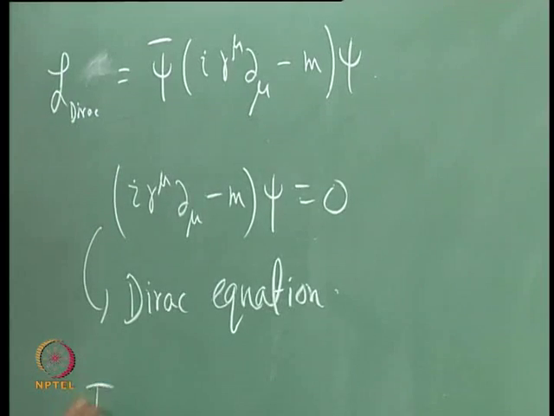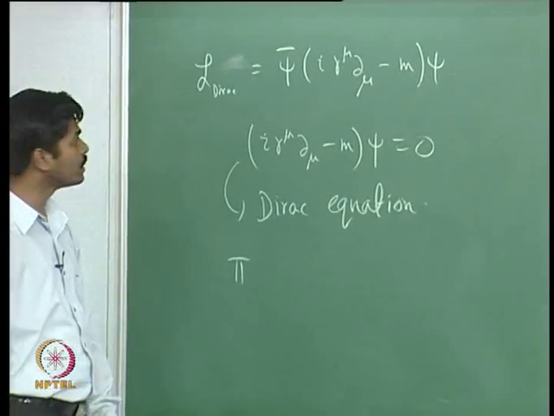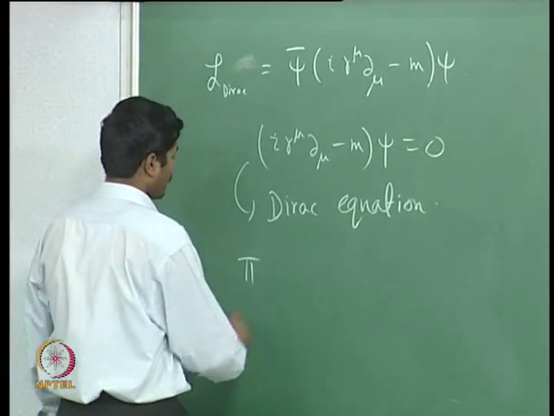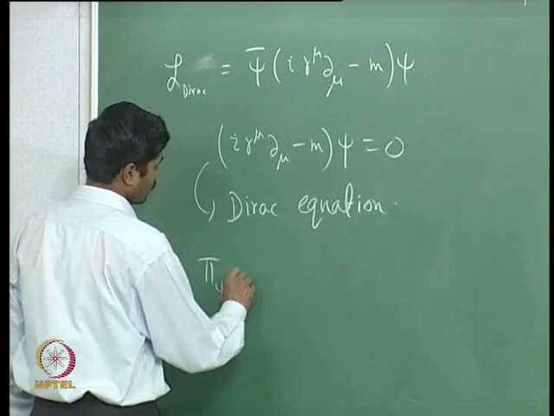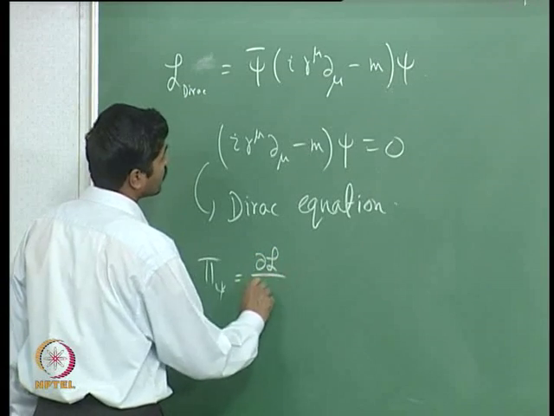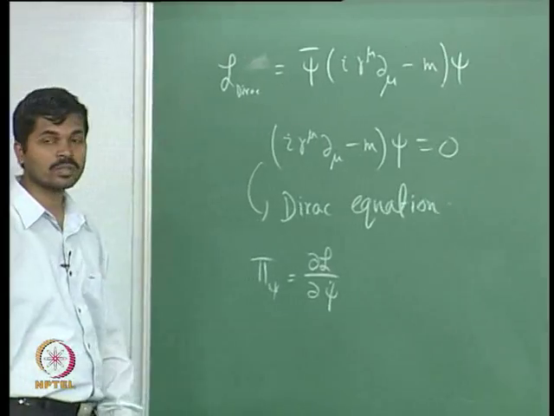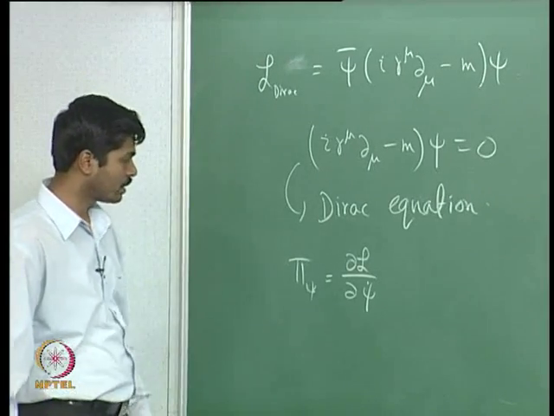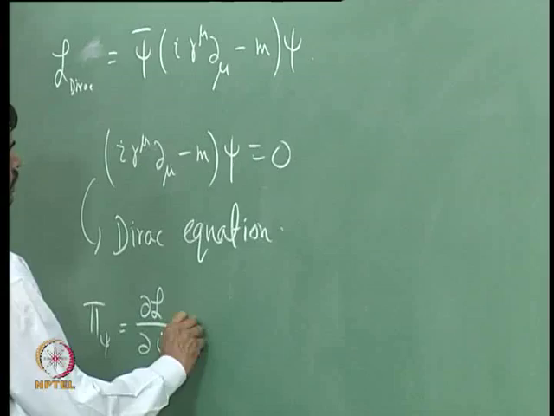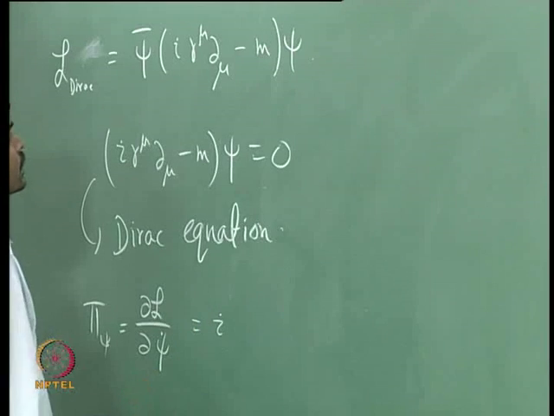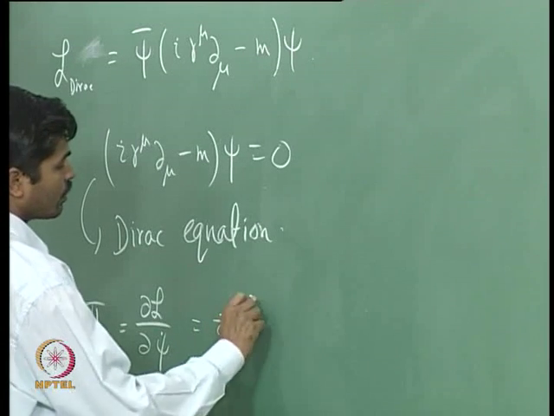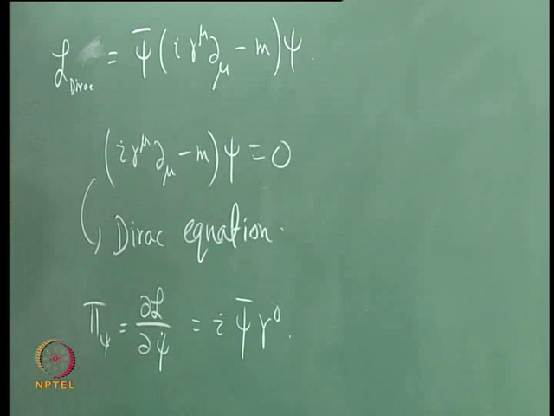So, the conjugate momentum to the field psi is given by pi psi equal to del L over del psi dot, and this is nothing but i times psi bar gamma 0.